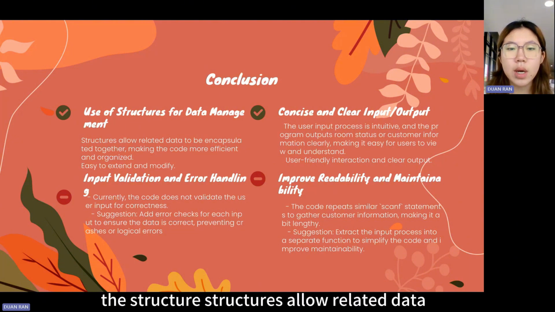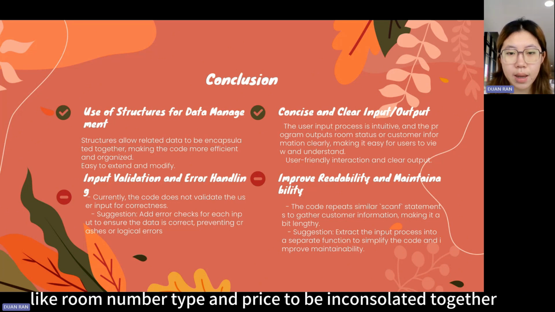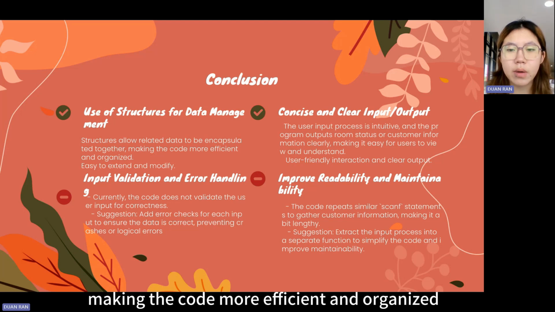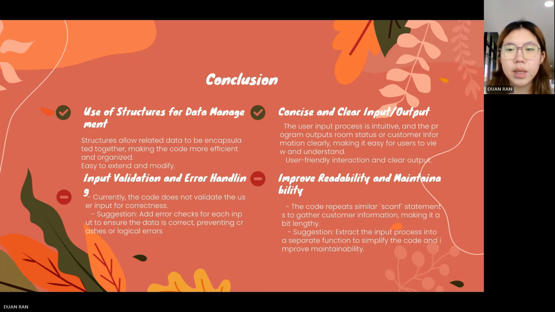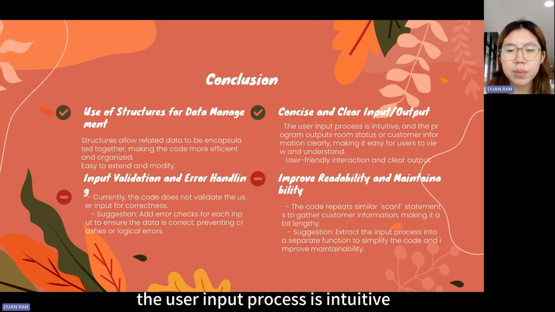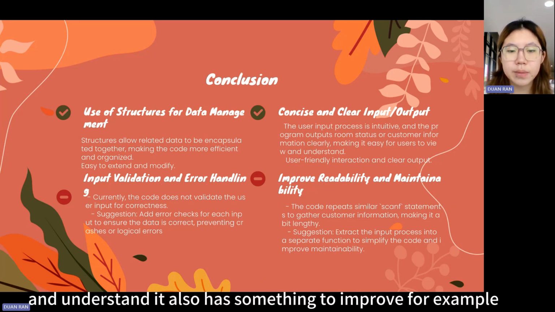The structures allow related data like room number, type, and price to be encapsulated together, making the code more efficient and organized. The next advantage is concise and clear input and output. The user input process is intuitive, and the program outputs room status or customer information clearly, making it easy for users to view and understand.